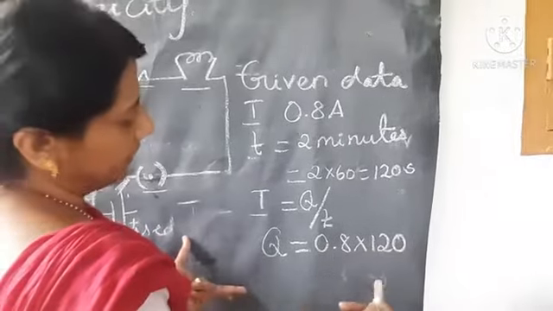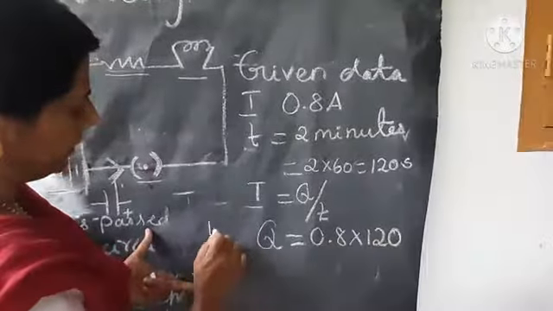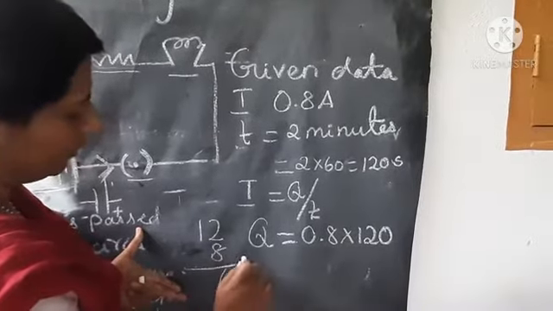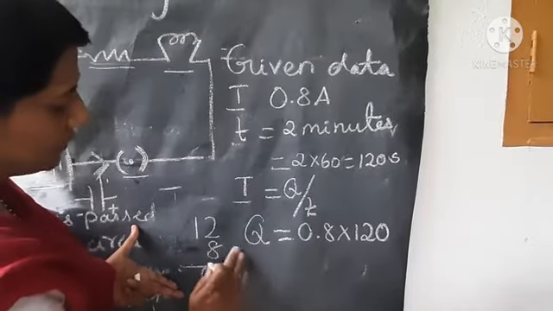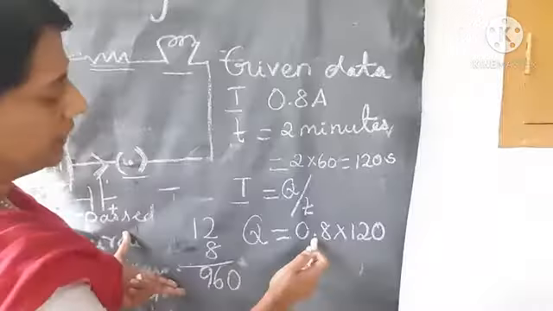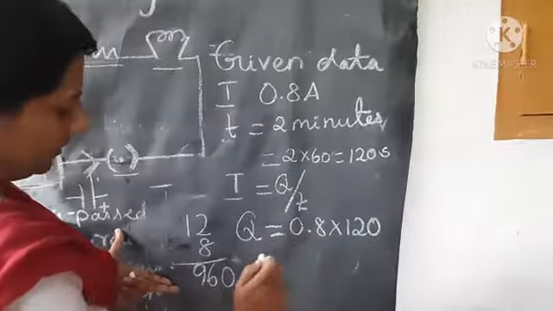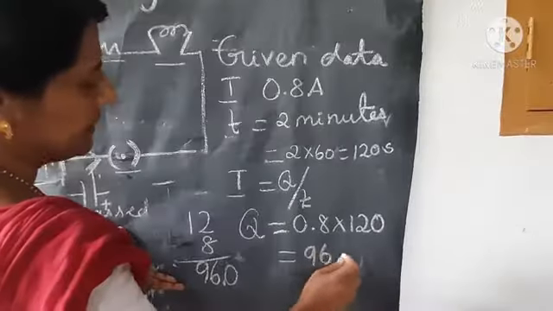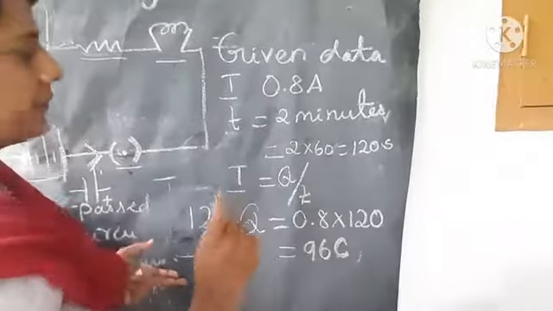Multiplying 8 by 12 gives 96, and adding the 0 gives 960. There is one decimal place, so putting the decimal point, the answer will be 96 coulomb. It is denoted by the letter C.